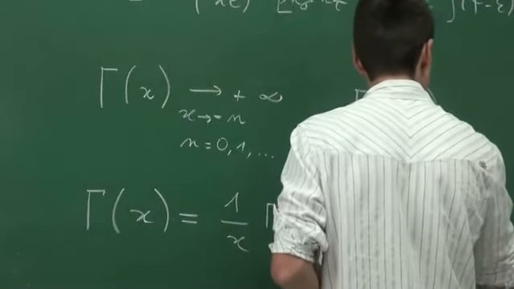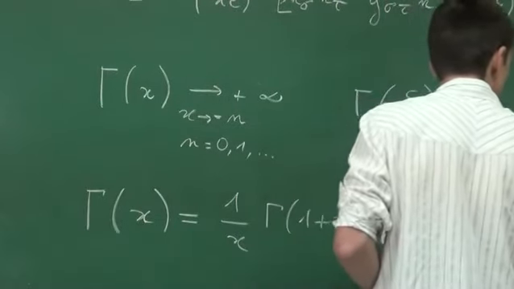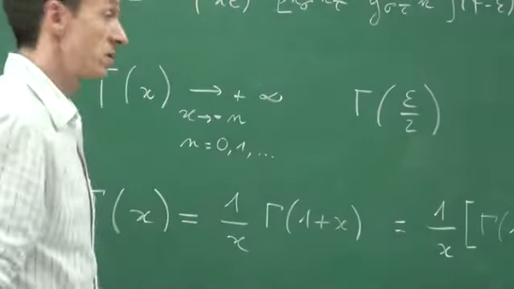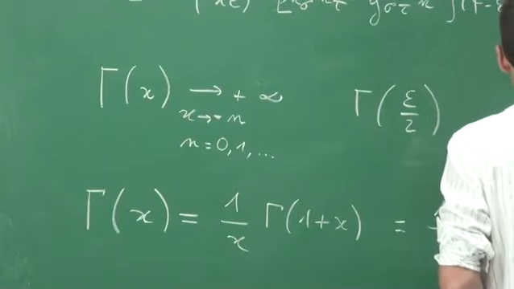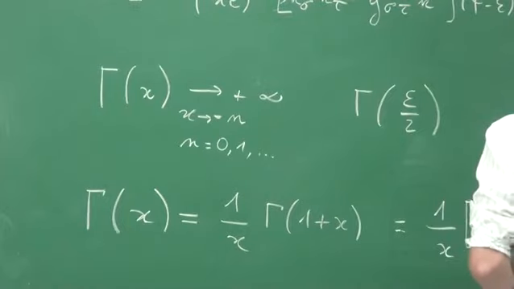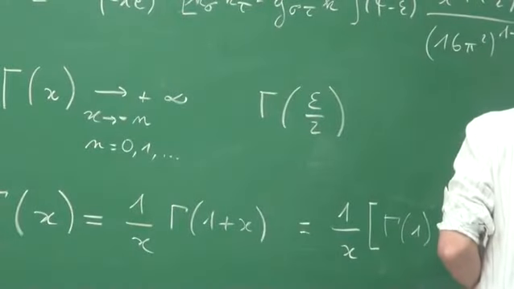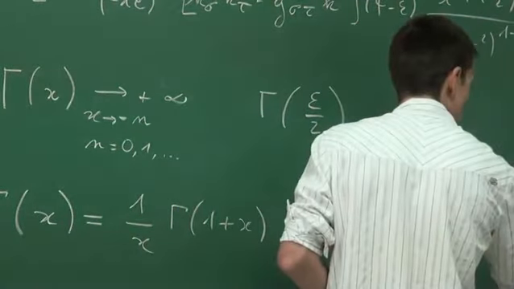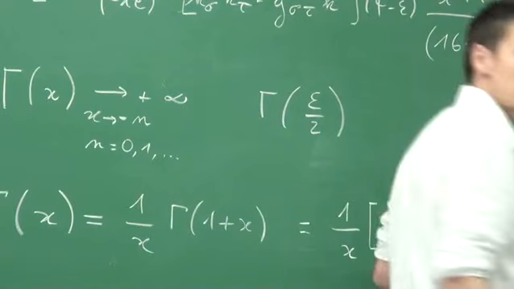This is 1 over x times gamma 1 plus x, which I can develop: gamma 1 plus the derivative of this, gamma prime times x, plus gamma taken in 0, times p squared log 2, plus etc. Okay?